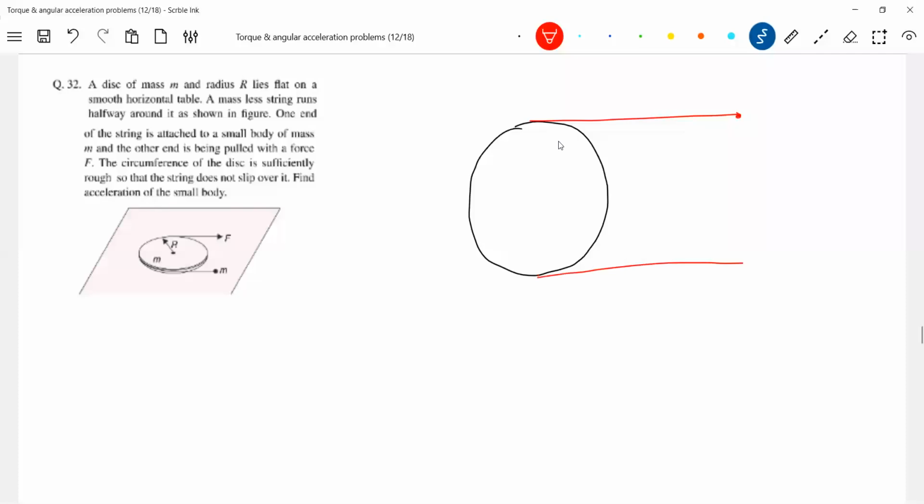Because again, some concept is involved here. Read the question. Meanwhile, I'll construct the diagram.